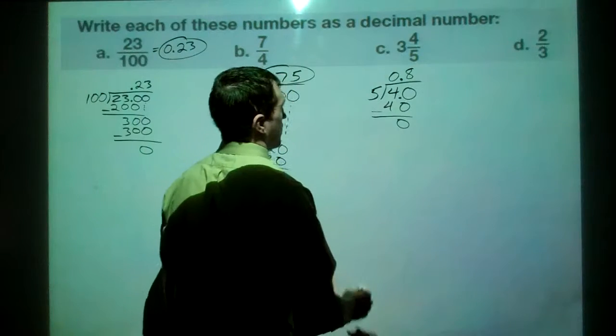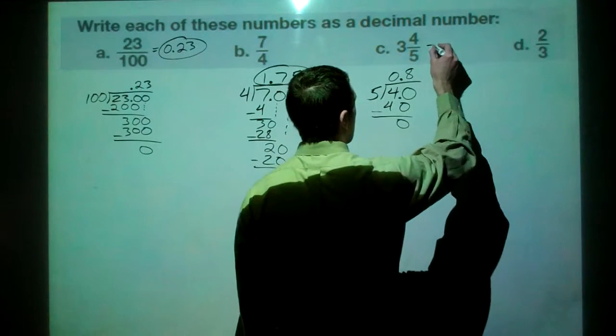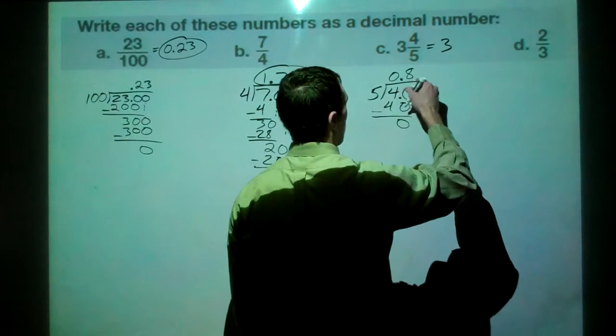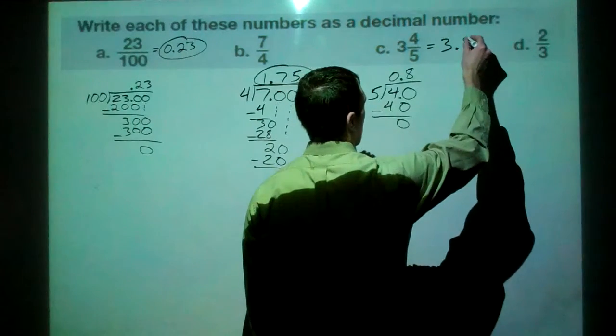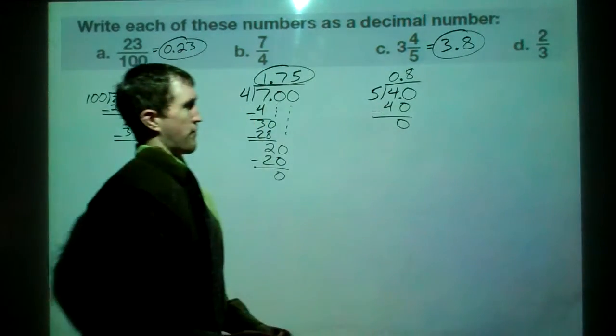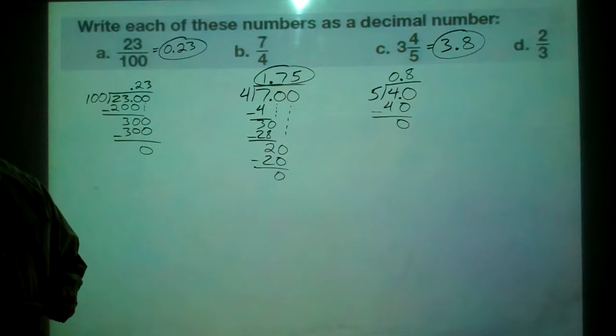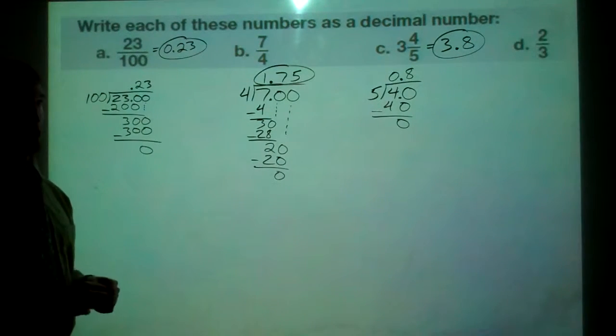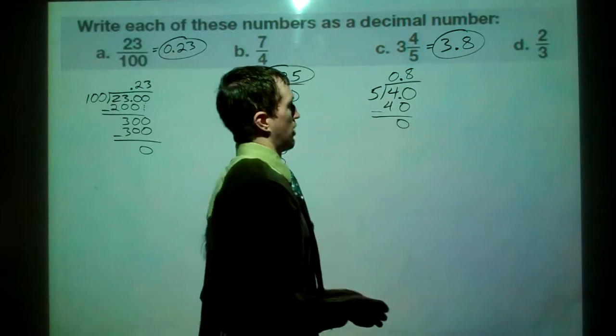Subtract, we get 0. So this one is 3.8. Alright, so we're only worried about the fraction part there to turn into a decimal. We already know we're at 3, so 3.8.